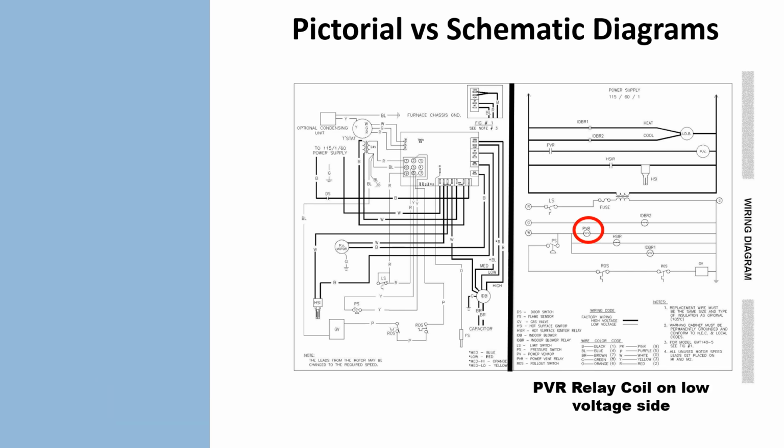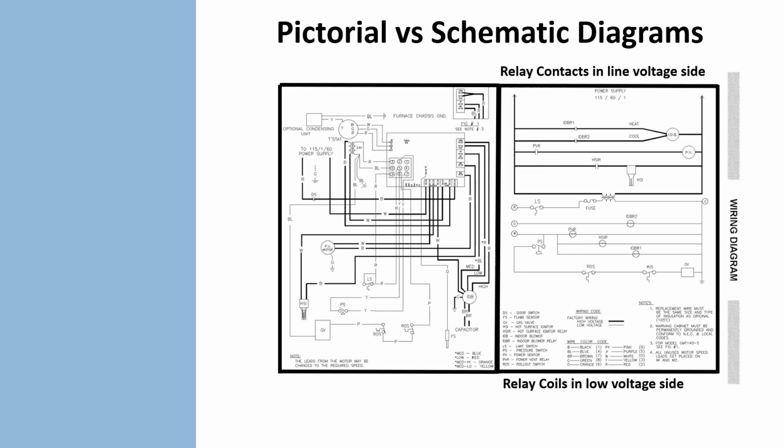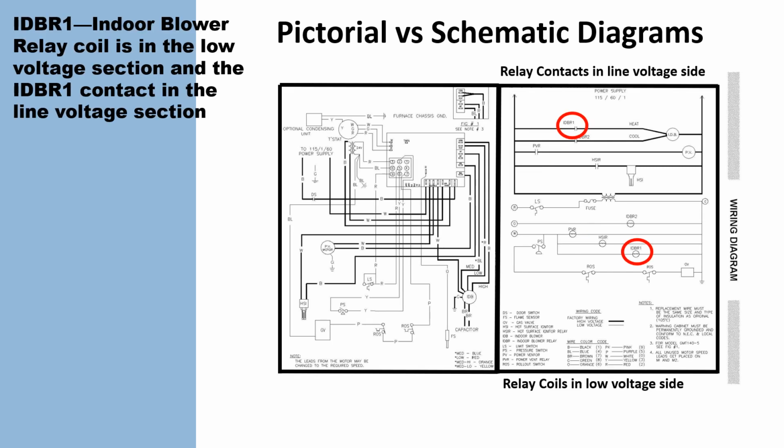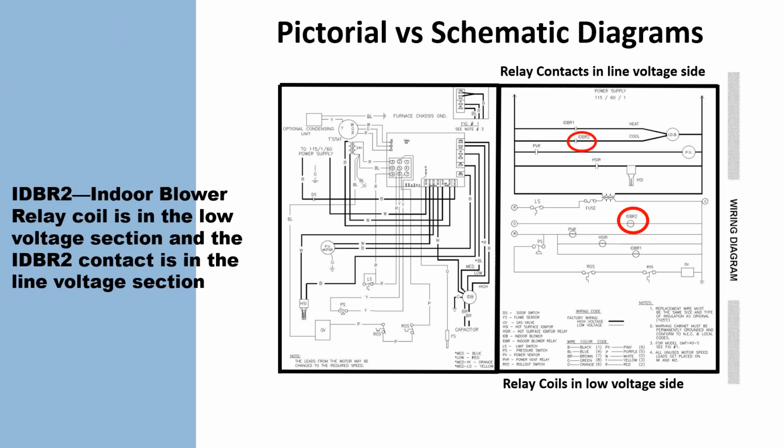The power venter relay coil is on the low voltage side. The power venter relay contact is on the line voltage side. And we will see this in several examples here. The IDBR1 indoor blower relay coil is in the low voltage section, and the IDBR1 contact is in the line voltage section. And the same for the IDBR2.